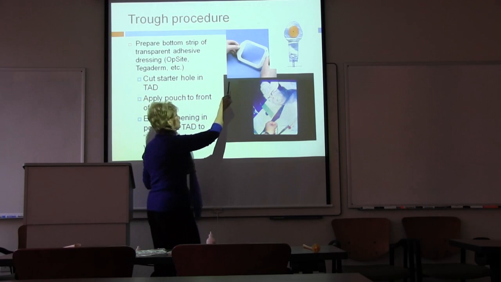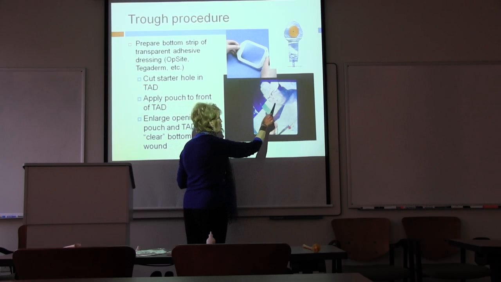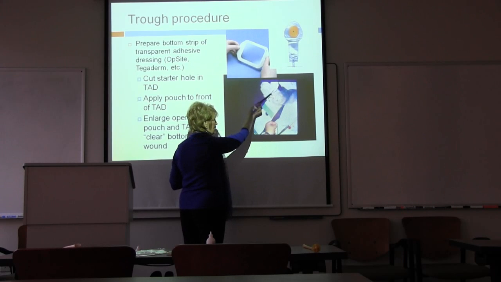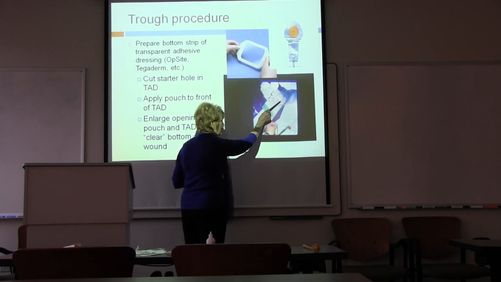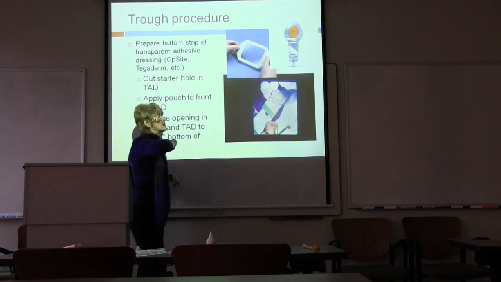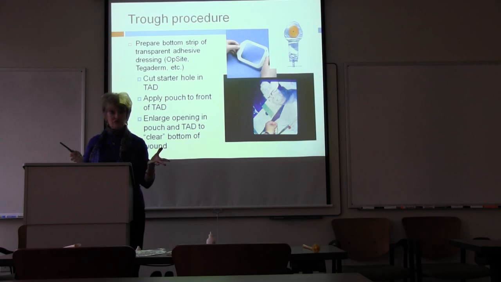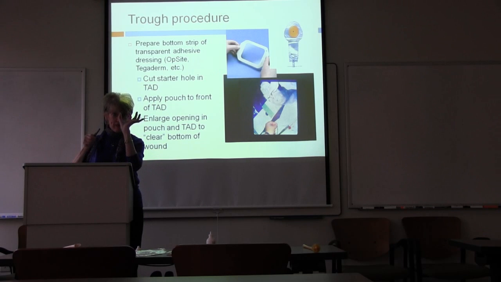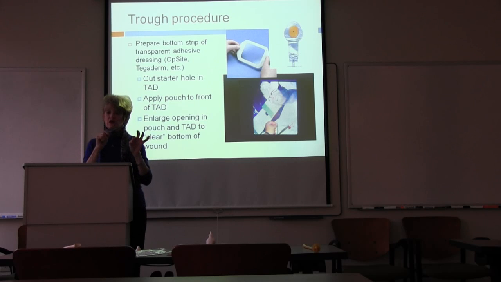But what you want to do is create a hole in that transparent adhesive dressing and pouch so that when the drainage comes down to the bottom, it can flow right into the pouch. There's basically two approaches. You can either cut a big hole in the drape and then a big hole in the pouch and then put them together. When you come on site, what we'll have you do is cut a starter hole in the drape, put your pouch and drape together, and then enlarge the hole.